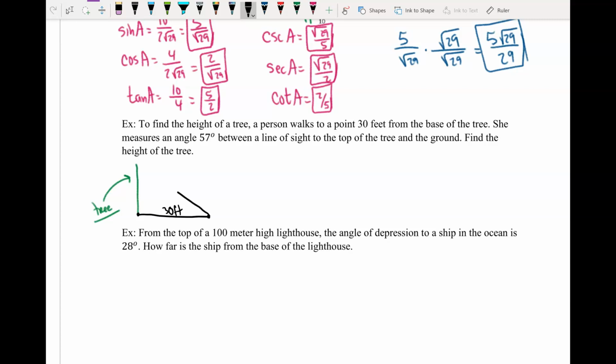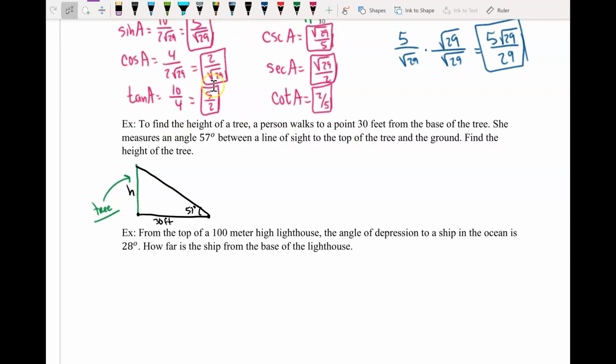So between here and the top of the tree is 57 degrees. Okay, and now all we've got to do is find the height of the tree. So this is what we're looking at for height.